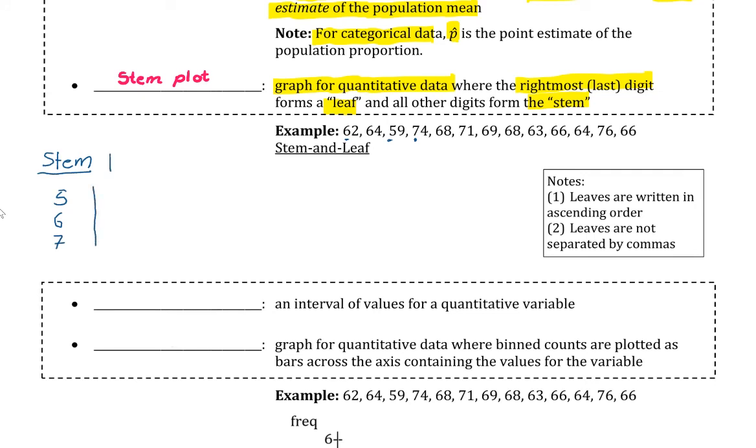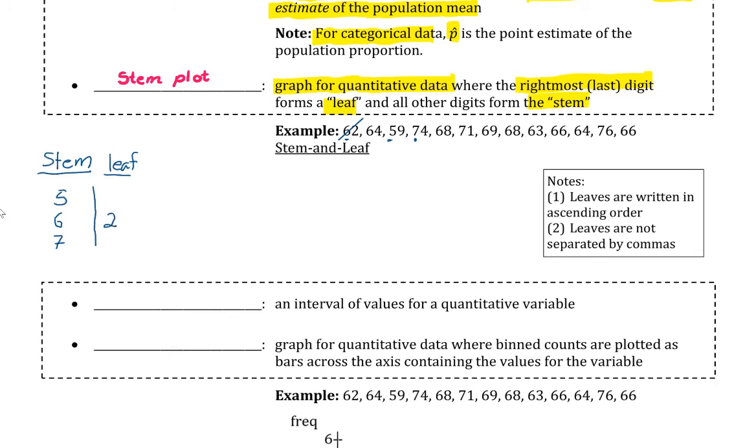And then the leaves would be the rightmost digits. So 62 I could represent as a 2 in the leaf area.